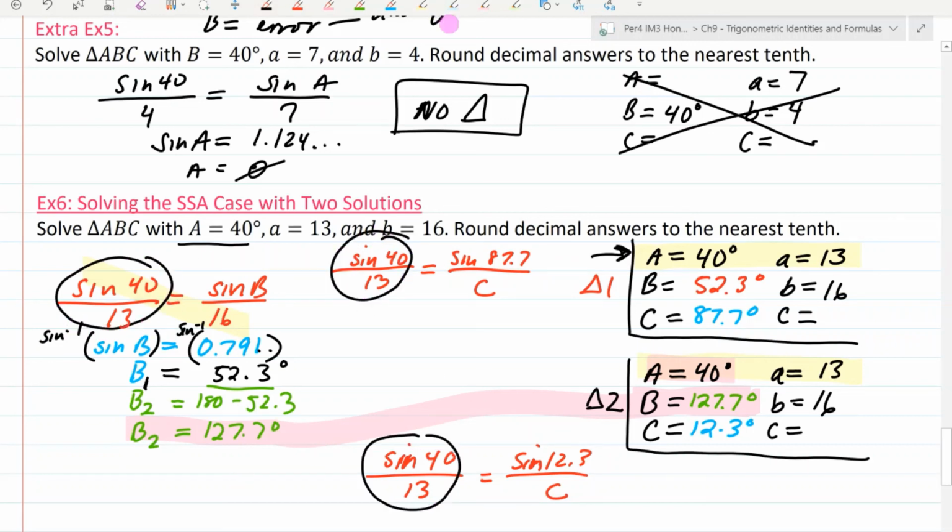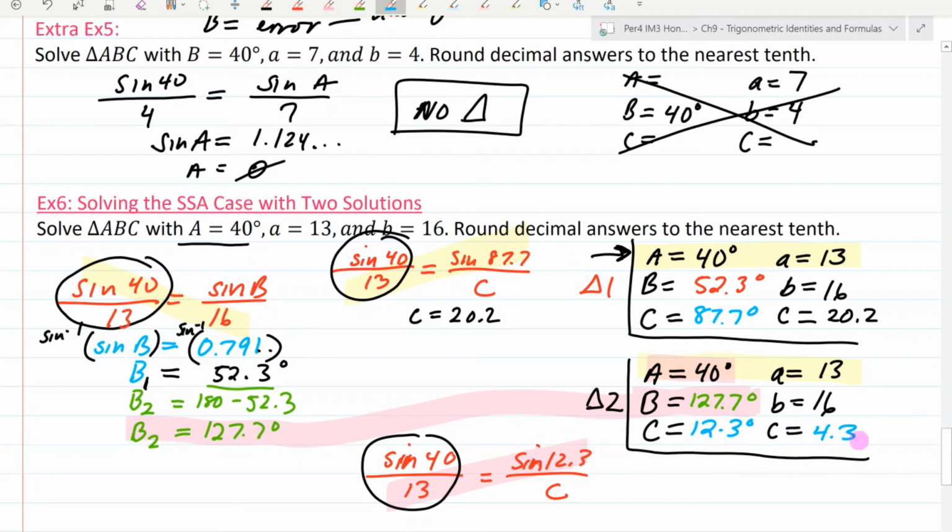We're going to cross multiply. So multiply these two together, divide by sine of 40. C is equal to 20.2. And again, same thing down here, cross multiply these two together, divide by sine of 40, and C here is equal to 4.3.